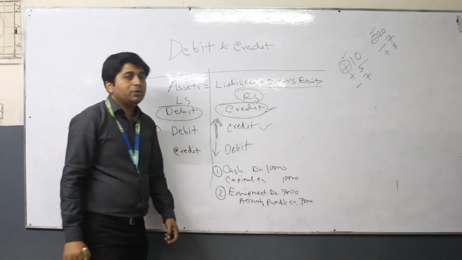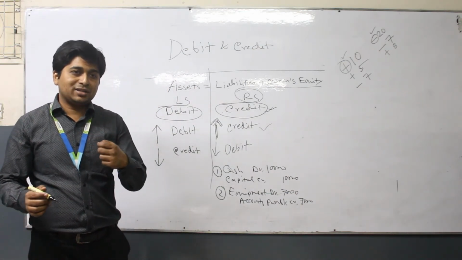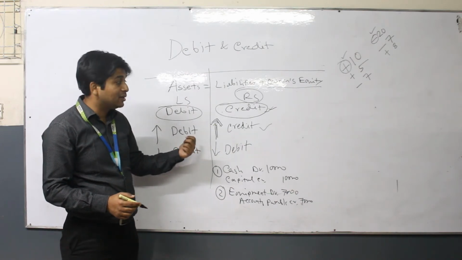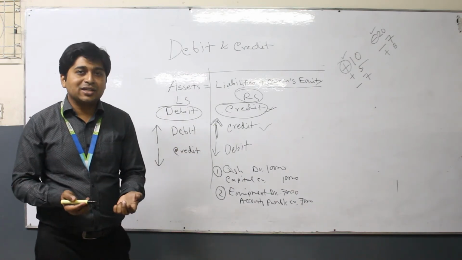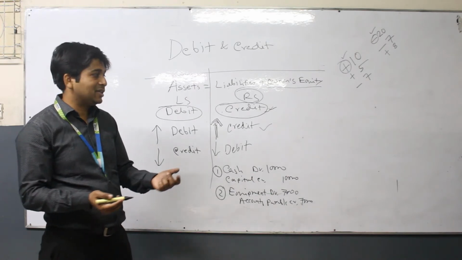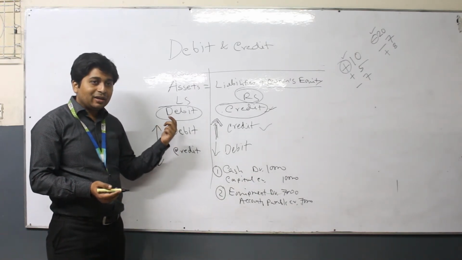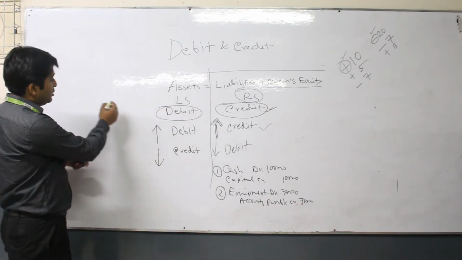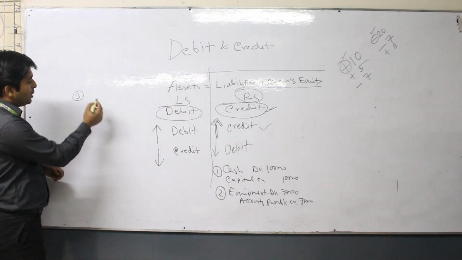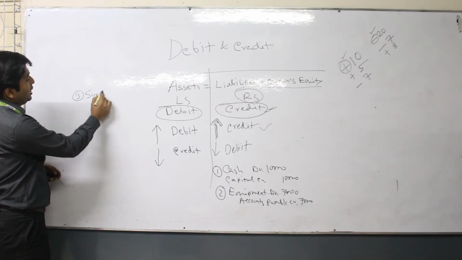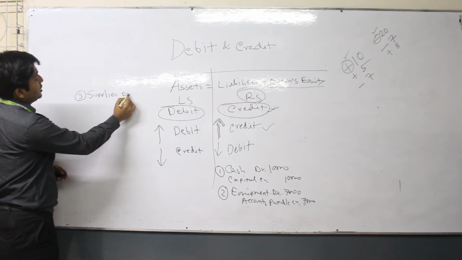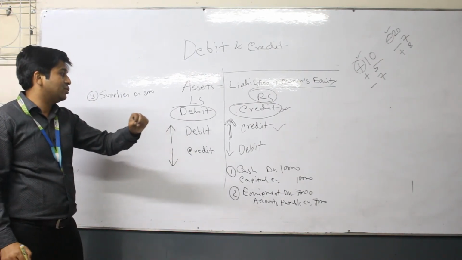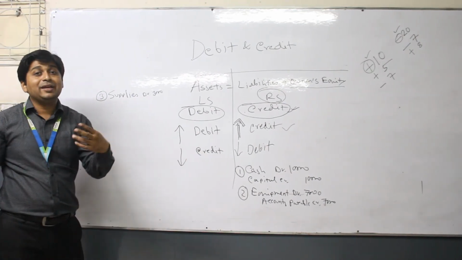Suppose we purchase supplies for cash. We know supplies is an asset, and the asset is increasing, so supplies should be debit. And we are paying cash to purchase those supplies. So supplies is debited by 3,000, suppose, that means the asset is increasing, so debit is 3,000, but we are paying the cash.